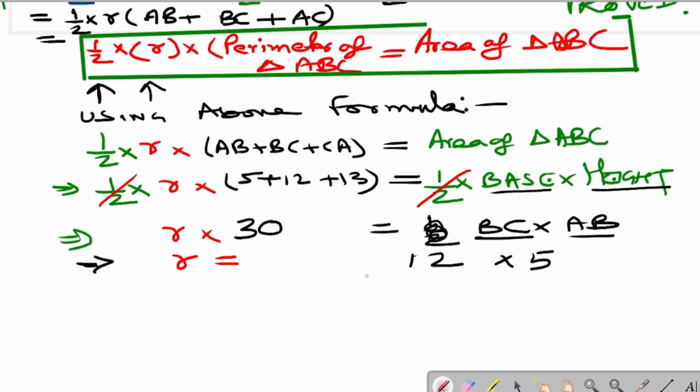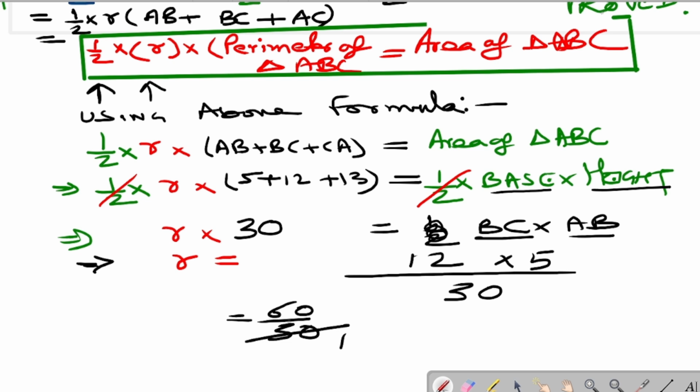So putting up the values of 12 and 5 in place of BC and AB in the RHS, we have 12 into 5, and this will be divided by 30, which comes from the LHS, numerator, and here in the RHS it will come into the denominator. So it will be 60 by 30. Cancel 30: one time 30, and 2 times 30 is 60. So radius of the inscribed circle, small r, is equal to 2 by 1, which is equal to 2.